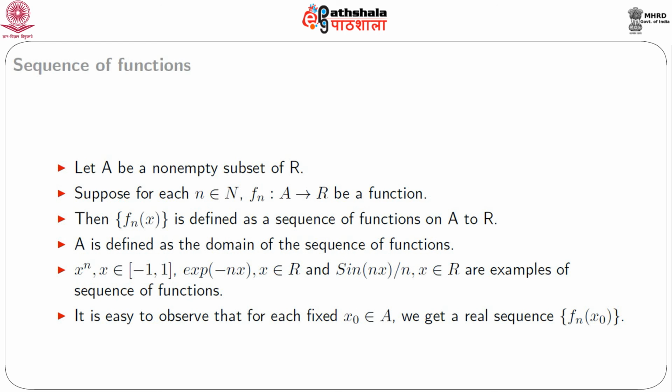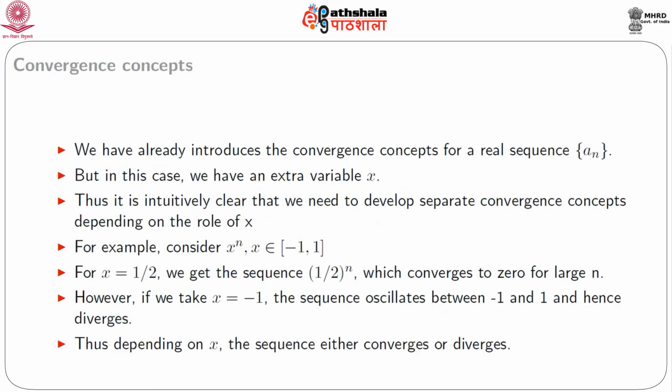It is easy to observe that for each fixed x naught belonging to capital A, we get a real sequence fn(x naught). That is, if we fix x naught, then the sequence of functions reduces to the ordinary numerical sequence. So, after defining sequences of functions, it is natural to consider the convergence concepts. We have already introduced the convergence concepts for a real sequence an, but in this case we have an extra variable x.